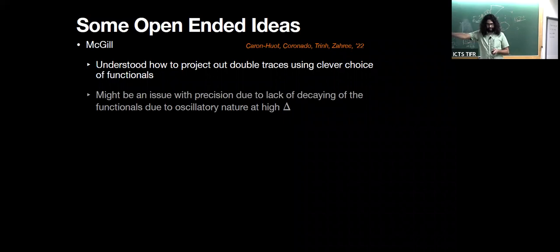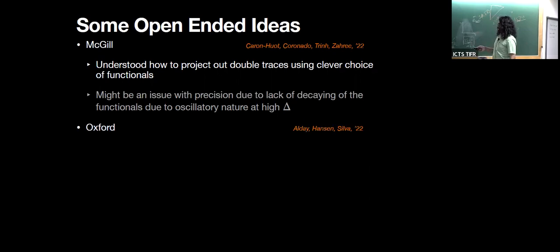They don't decay at infinity. And this might actually be a problem with precision. So when you want to numerically implement, you might not be able to get the precision which you need. So that's a direction in which one can think. It's a very nice direction which they started, but this is a place where we can think about trying to improve it.